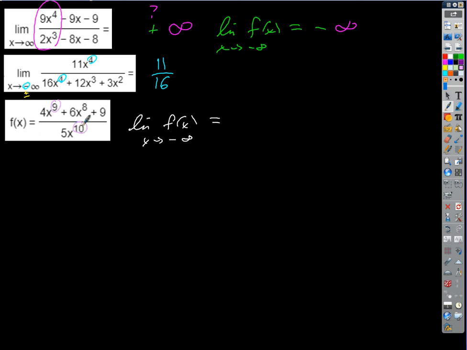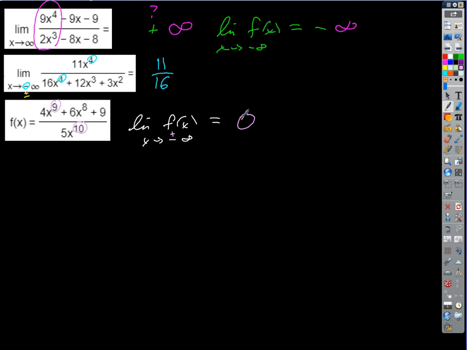Bottom is bigger degree than the top. What's the answer? Zero, always. It doesn't matter if it's plus or minus. The answer is 0. Bottom grows faster than the top, infinitely faster. So the bottom of the fraction explodes, and the fraction goes to 0.